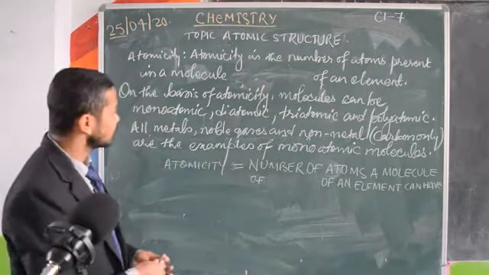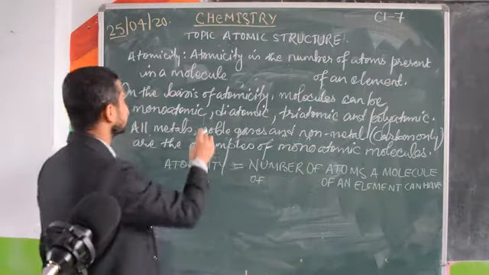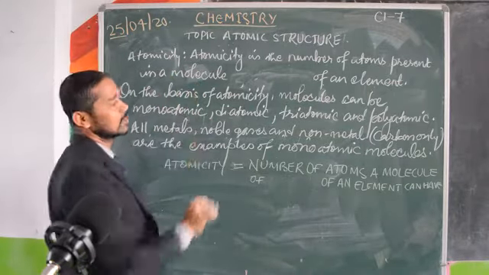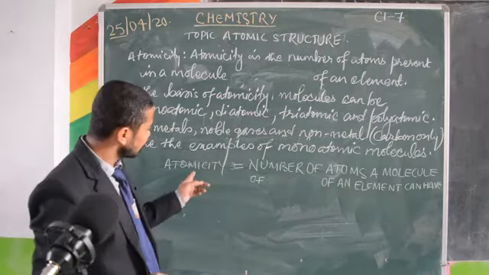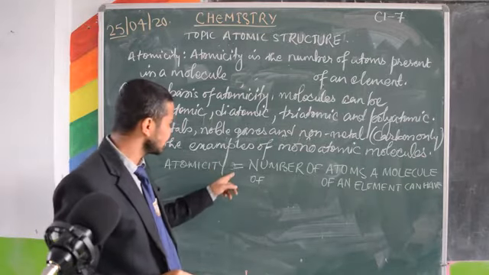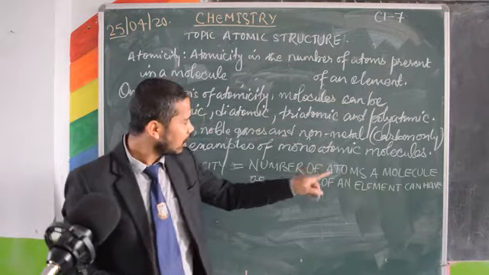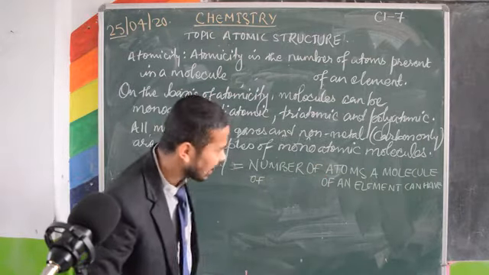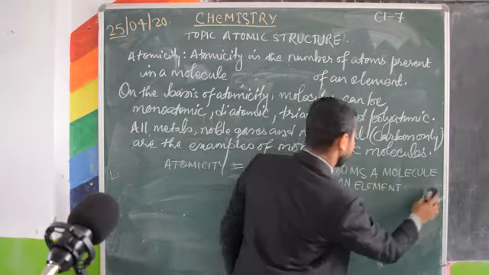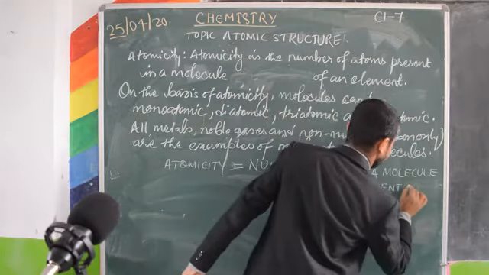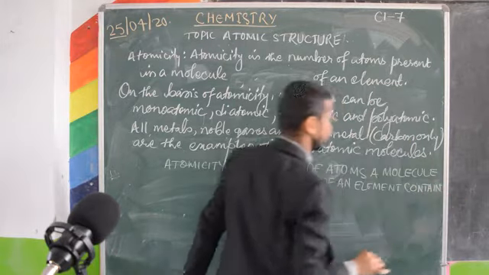Okay, so atomicity is the number of atoms present in a molecule of an element. This way we can also write atomicity is equal to the number of atoms a molecule of an element contains.